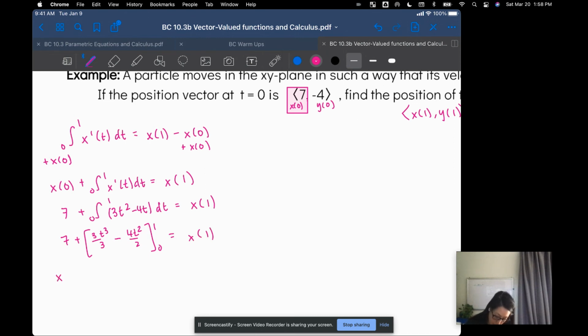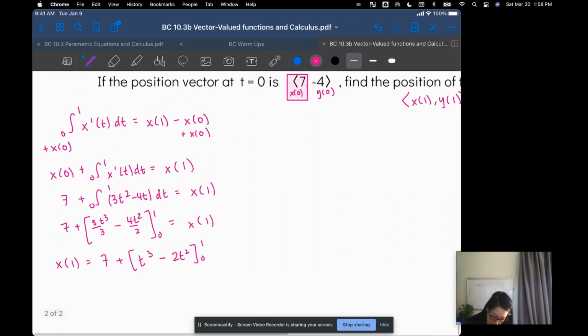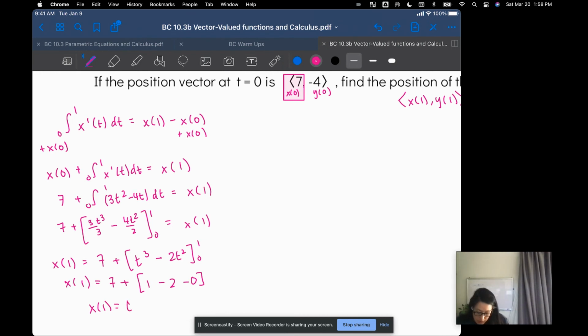So I have 7 plus, simplifying, t cubed minus 2t squared, evaluated from 0 to 1. And so x of 1 is equal to 7 plus, substitute in the 1, so 1 minus 2, and then when I substitute in the 0, I just subtract 0. So x of 1 is equal to 7 plus 1 minus 2, which is 6.